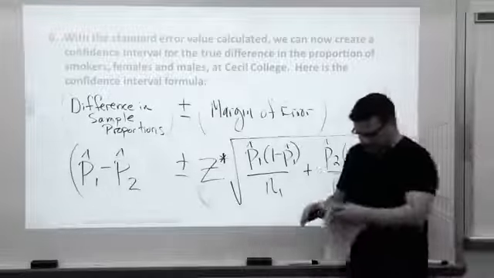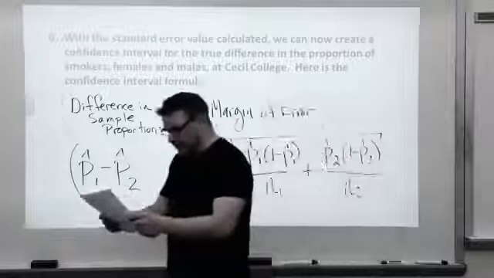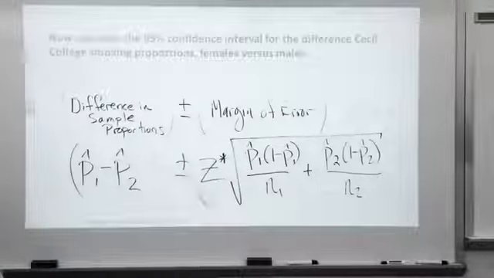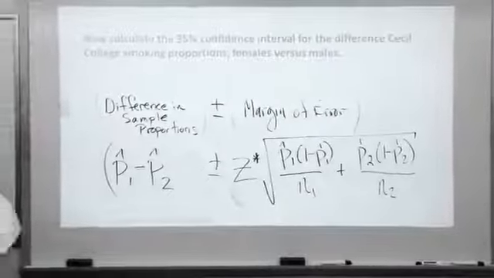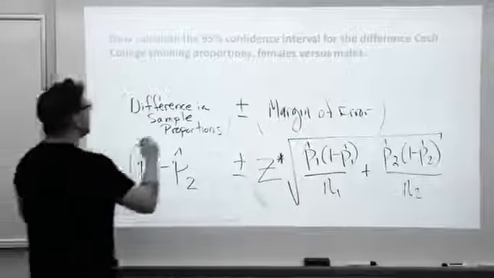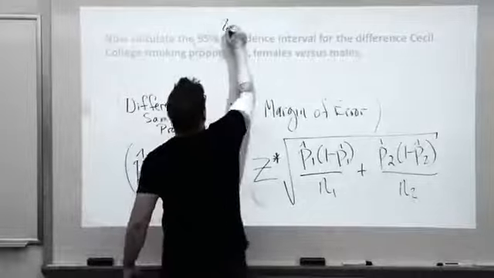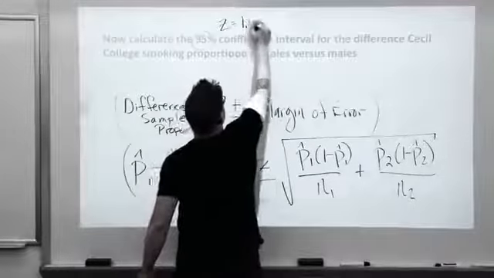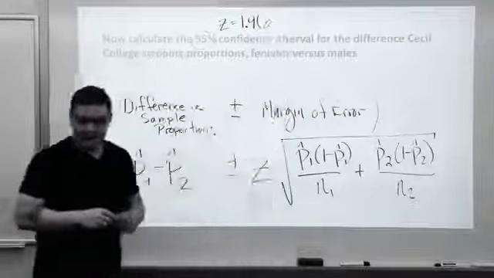So here's the formula. Let's do it. Now calculate the confidence interval. So if I flip the slide, calculate the 95% interval for the difference, females versus males. 95% tells me the z number is 1.96.